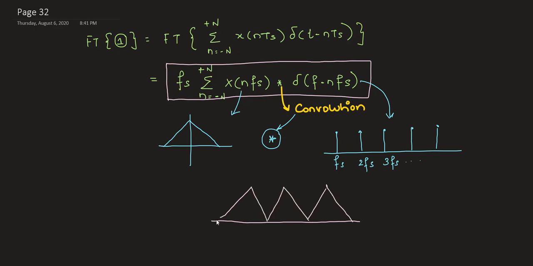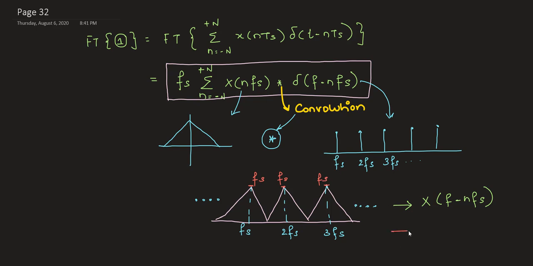When I talk about the convolution of these two, I am just going to scan my signal through the entirety of the delta signal, which leads to multiple hats as shown here. The convolution result is shown here. It has hats at Fs, 2Fs and 3Fs. And this result is represented mathematically as X of f minus nFs.